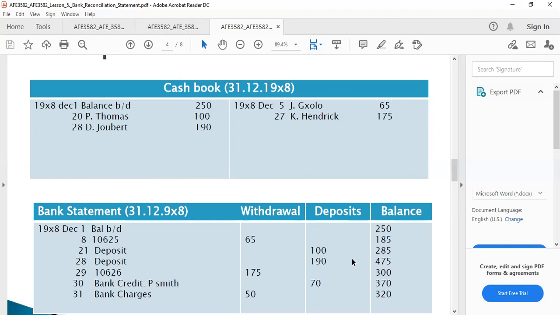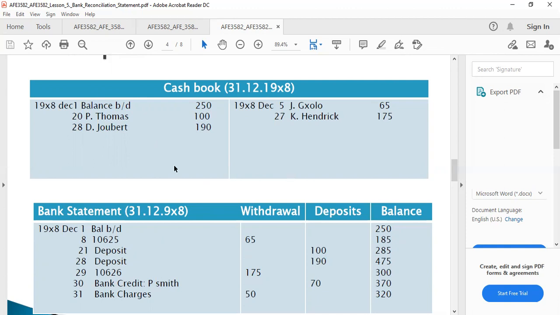So when you receive money, you record it on the cash book. And then in your bank account, when you receive money, what notification do you get? Your account was credited. Meaning money was deposited into your account.